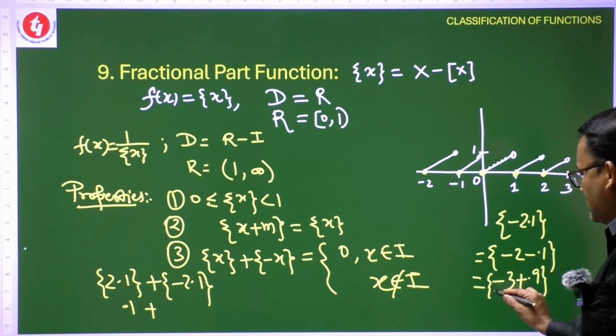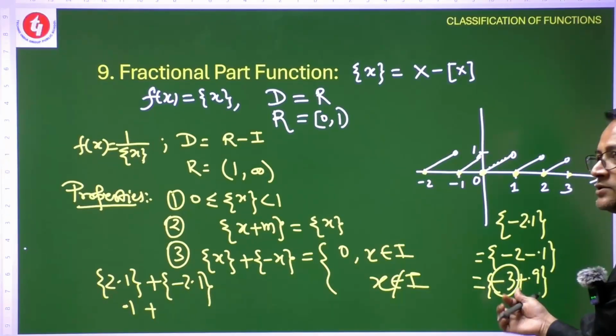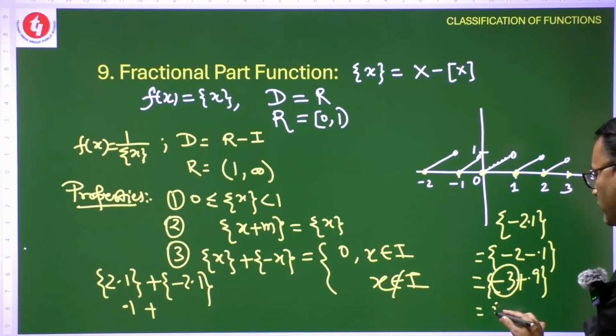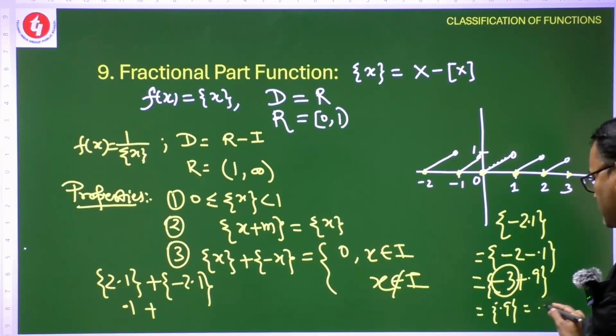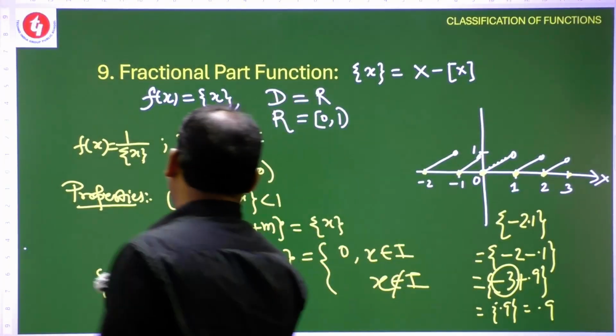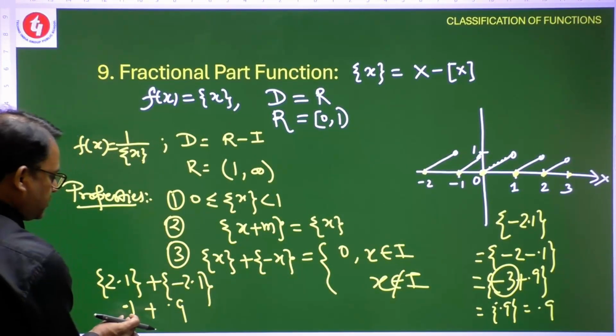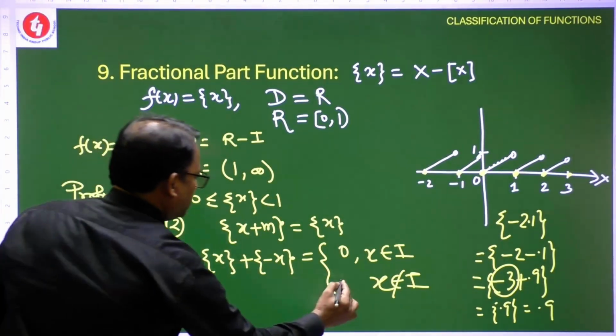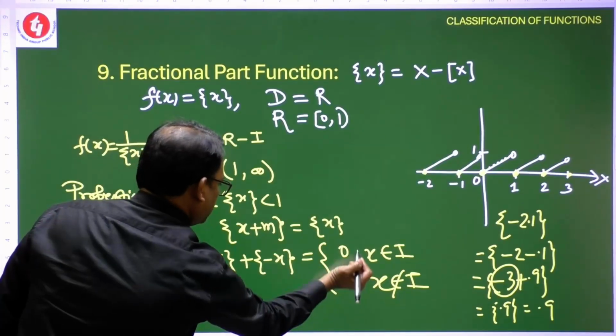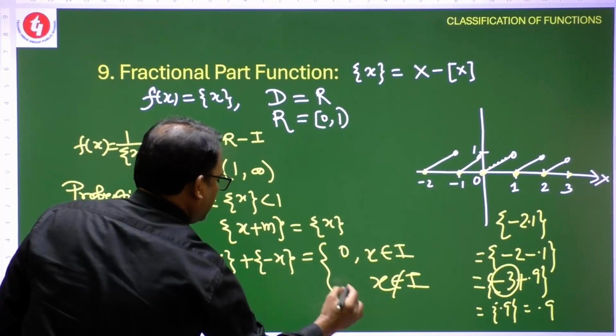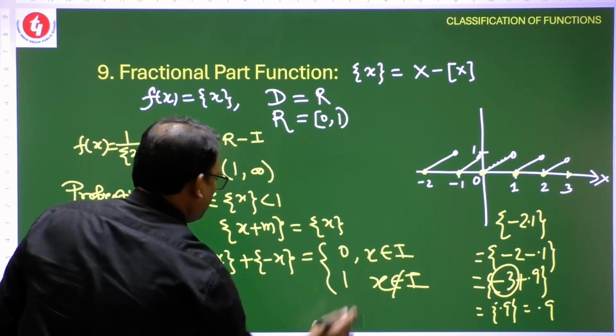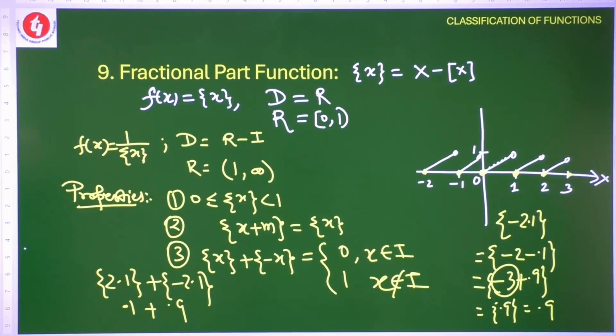Since minus 3 is the integral part, it becomes 0, and you take only the fractional part, which is 0.9. So 0.1 plus 0.9 will be plus 1, not minus 1. In the case of the box we have minus 1 and here you will get plus 1.